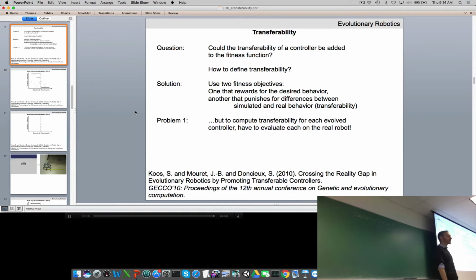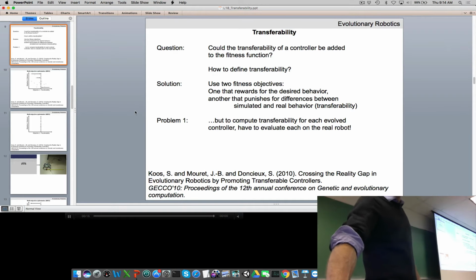Why are we even bothering with simulation at all, right? Might as well just throw it away. So this doesn't really help us very much if we want to use simulation. So can we do something else? Can we predict transferability before we've transferred something to reality? That's what we're going to see next.